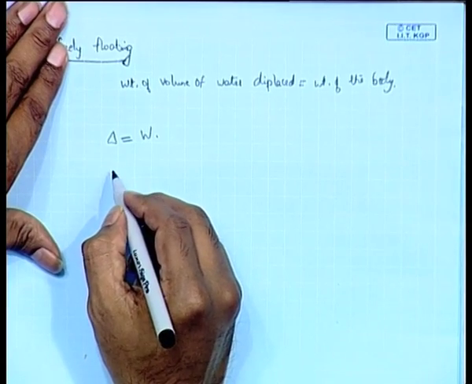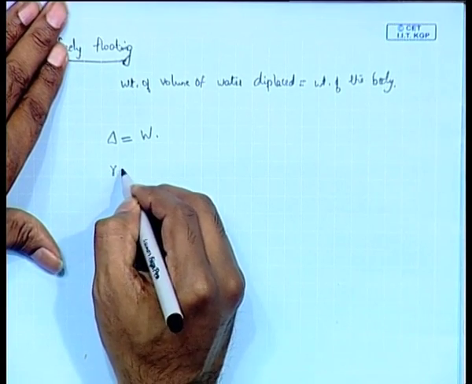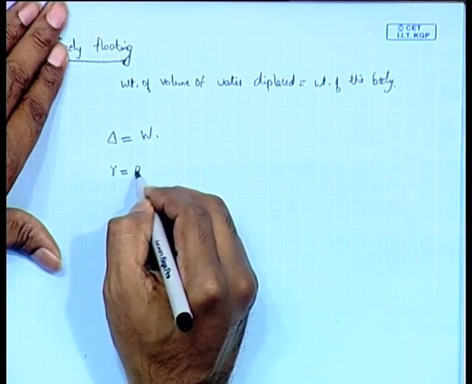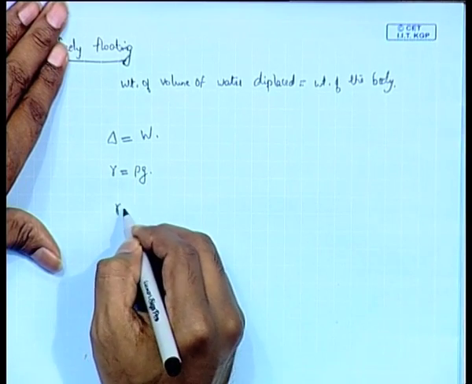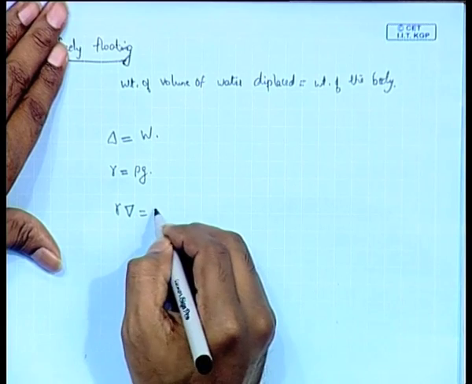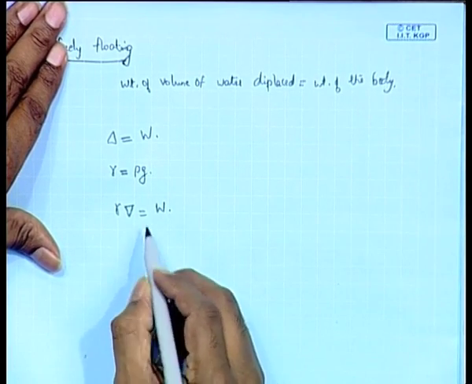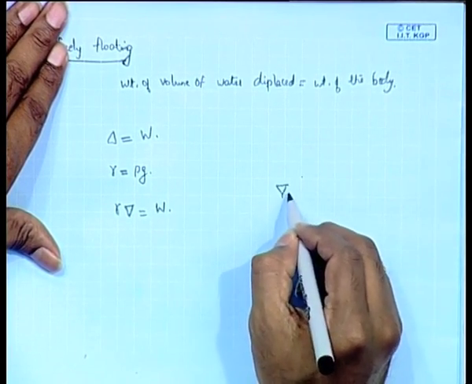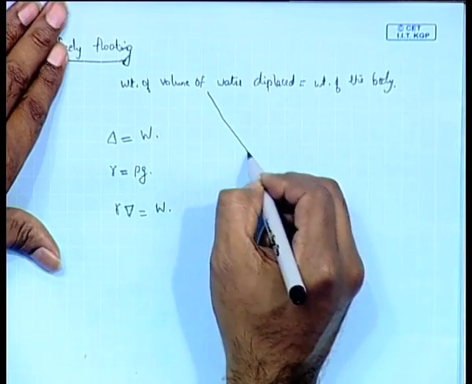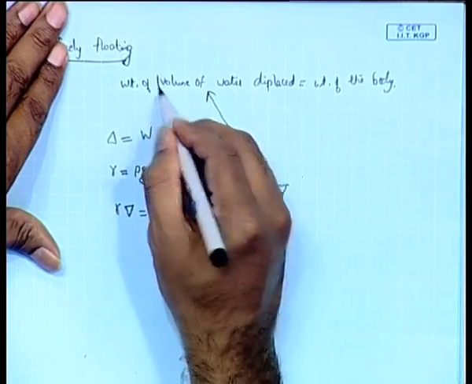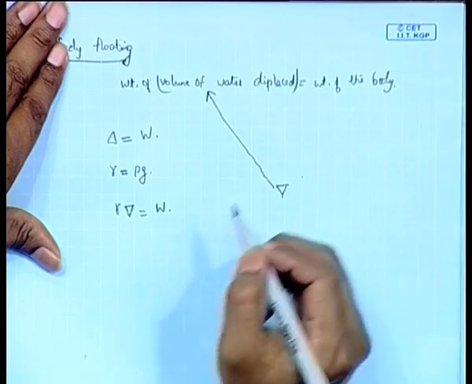Then we also know that gamma is equal to rho g. So gamma into del equals W, where del is the volume of water displaced by the floating body.